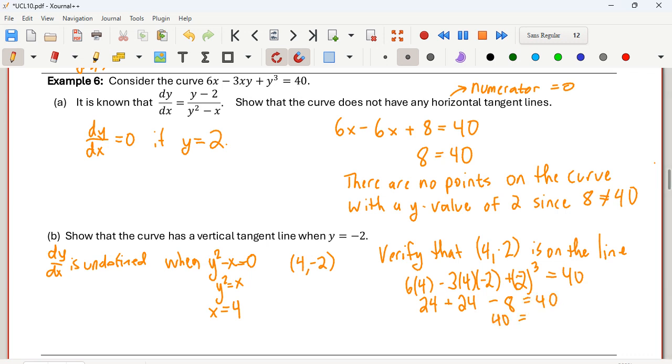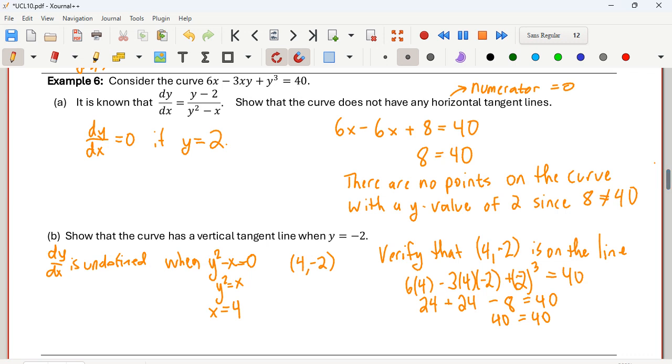So we do. That tells us that that point is on the line, or the curve, I should say. And that's what it means to be on the curve. Any point on the curve, when you plug its x, y in, should make the equation true. Any point that's not on the curve should make it false.